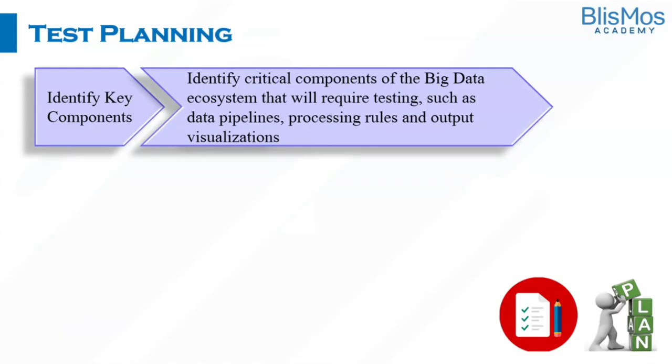Now, within that, we have to choose which are the critical components as per the scope of this particular project. Which components require testing, such as which data pipeline, where do I need to focus, what are the processing rules, what are the transformation logic, that need to be precisely pinned down in the test planning phase.